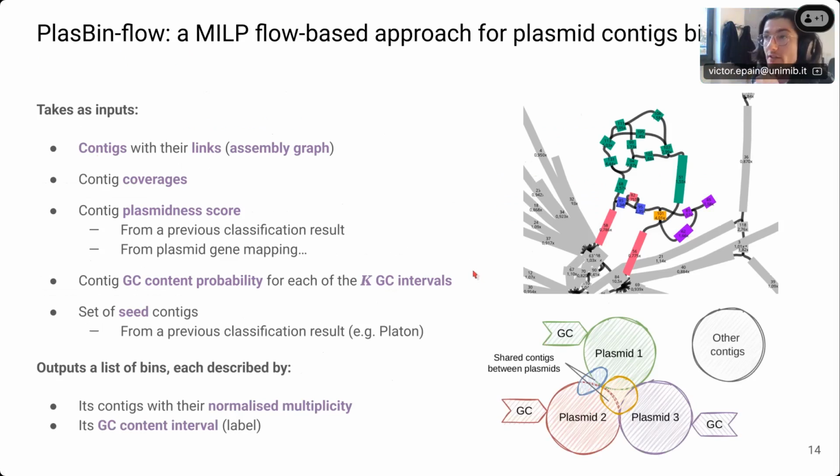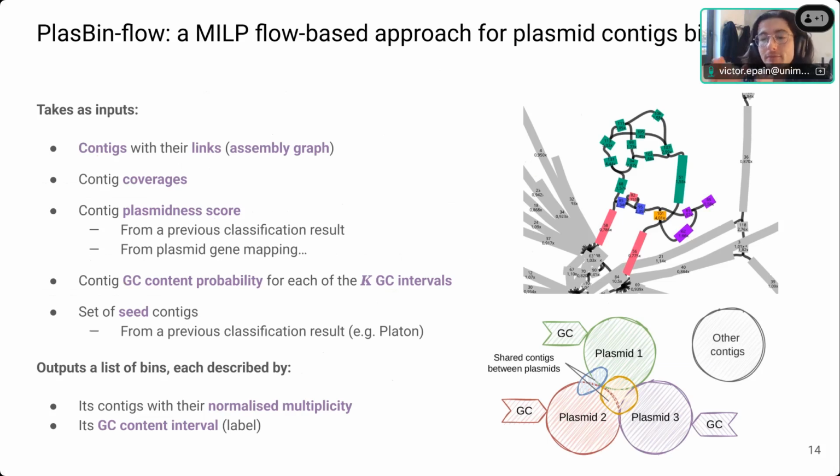So first I have to present in some detail plasmid flow, how it works. It works on assembly graphs. You have contigs, you have links, you have contig coverages, you have contig plasmidness scores. You can obtain them from a classification result. In plasmid flow, they also want to label the bins. It's not really typing, but they still label the bins with the GC content of the bin globally.